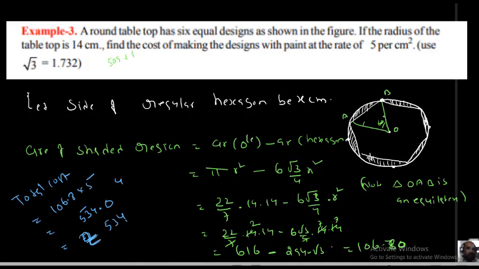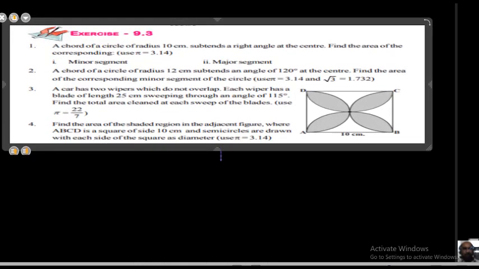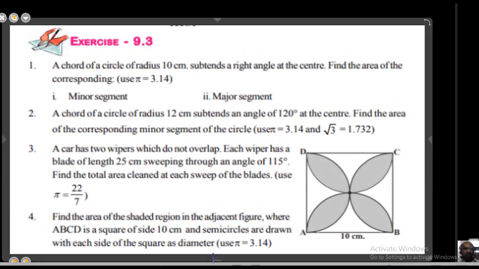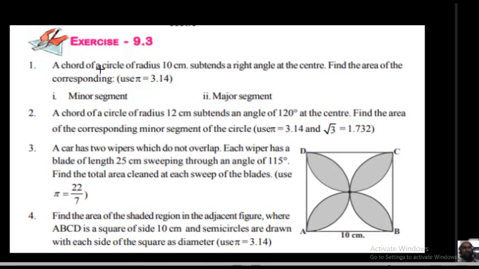Now exercise problems. One by one I want to explain. Okay, see, first problem: a chord of a circle of radius 10 cm subtends a right angle at the center.